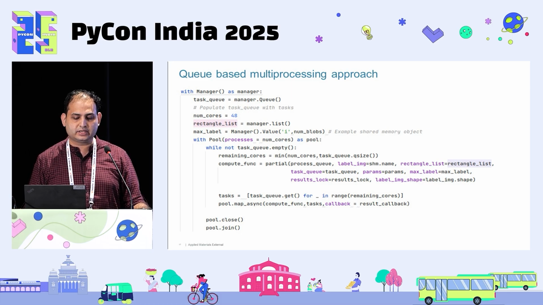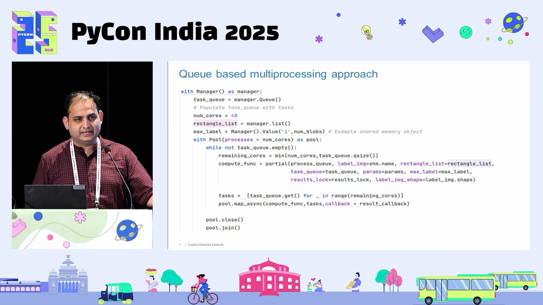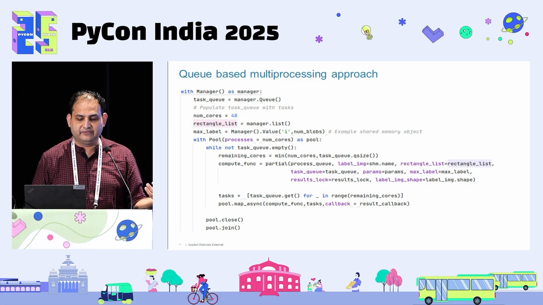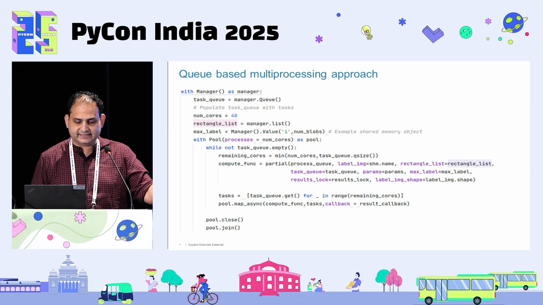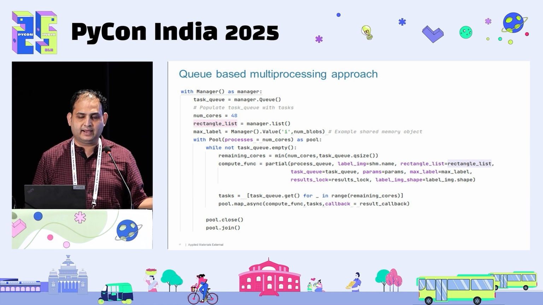And until the task queue is empty, I keep taking out the tasks and computing, and at the end, pool.map_async. This is an asynchronous call where I give my compute function, which is a partial function, and the tasks individually defined, and attach a result callback.